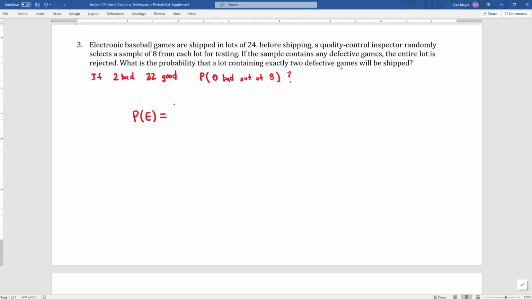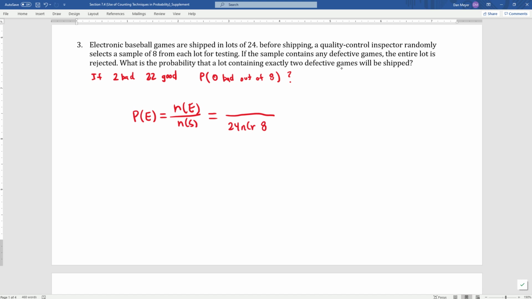For our sample space, so the number of things in our event divided by the number of things in our sample space. The sample space of this experiment is just pick 8 games out of the 24. That's a combination. So from the 24 games, select 8. The order in which they're selected doesn't matter.